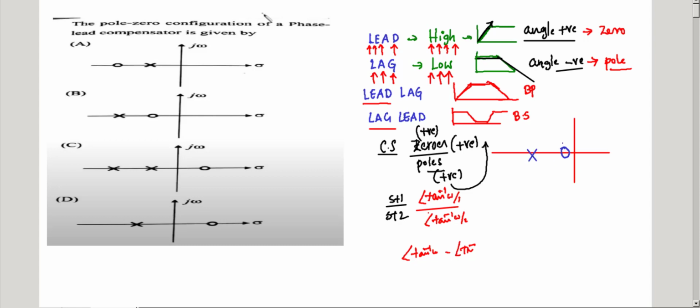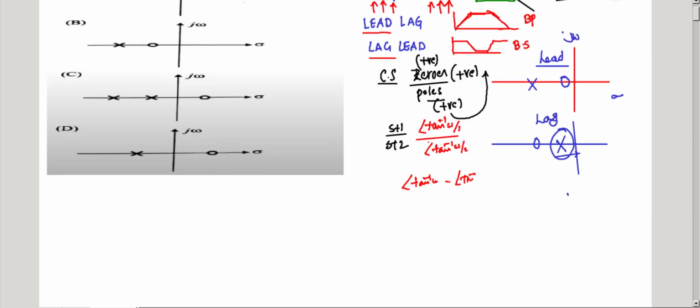This is a lead compensator. For lag compensator, angle is going negative, response is going downwards. Angle is negative means pole will come into picture, so pole is nearer to the imaginary axis. This is the sigma j omega axis, pole is near to the imaginary axis. Okay, so this is a lag compensator.